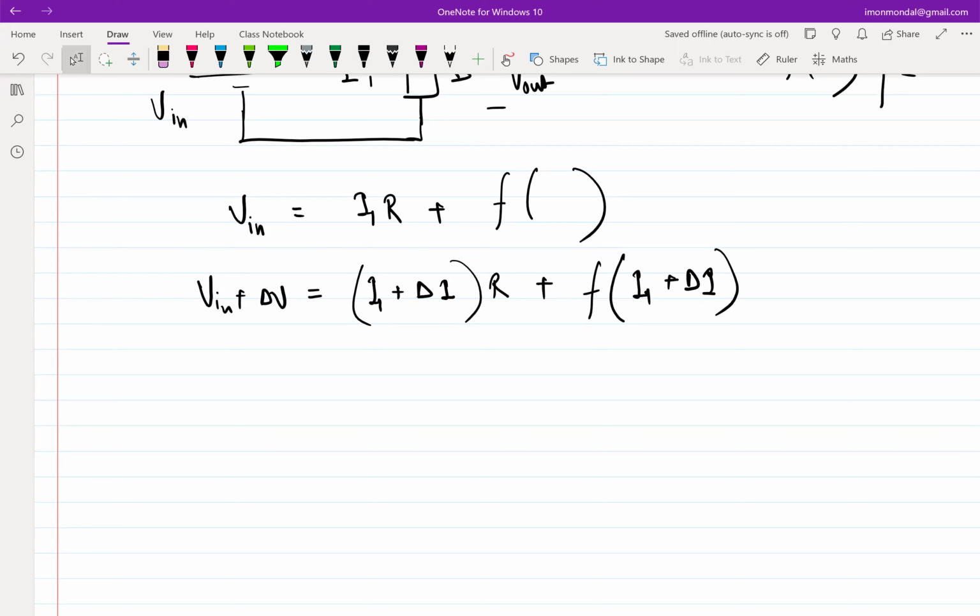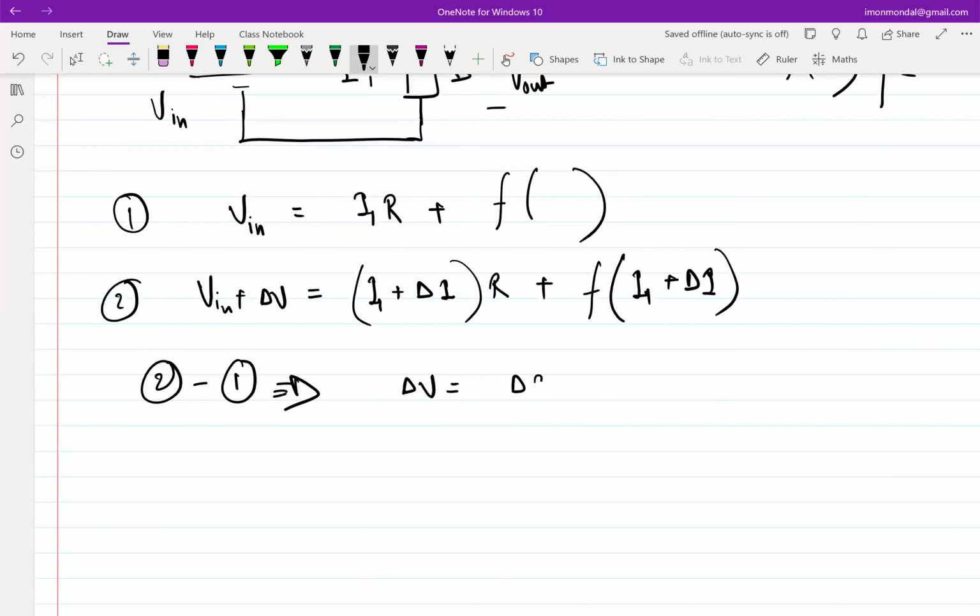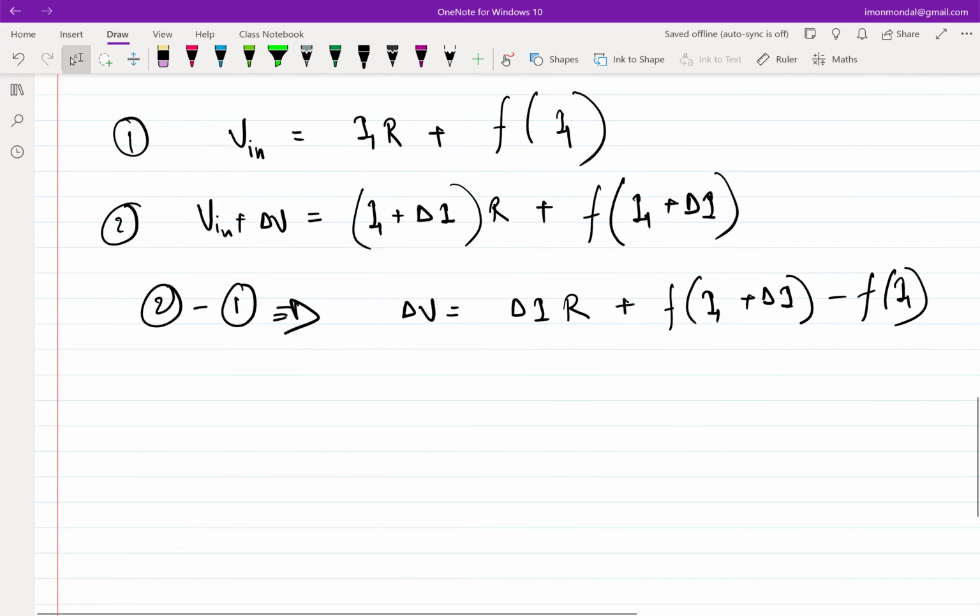So now, as he suggested, if I am interested in delta V's and delta I's only, then it looks like I subtract the top equation from the bottom. If I subtract these two, 2 minus 1, then I'm left with delta V is equal to delta I times R plus f of I1 plus delta I minus f of I1, right?